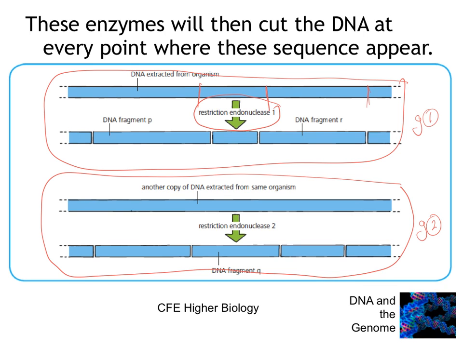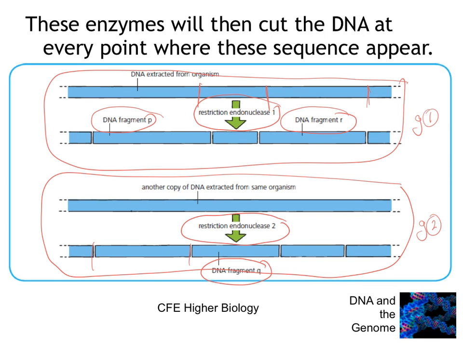So you'll see the cuts that are here, and here's a DNA fragment called P. But then in this case down here, on the other copy of the genome, a different restriction enzyme is used. So you get different fragments. And here you'll see a DNA fragment called Q. Up here we've got a DNA fragment called R.